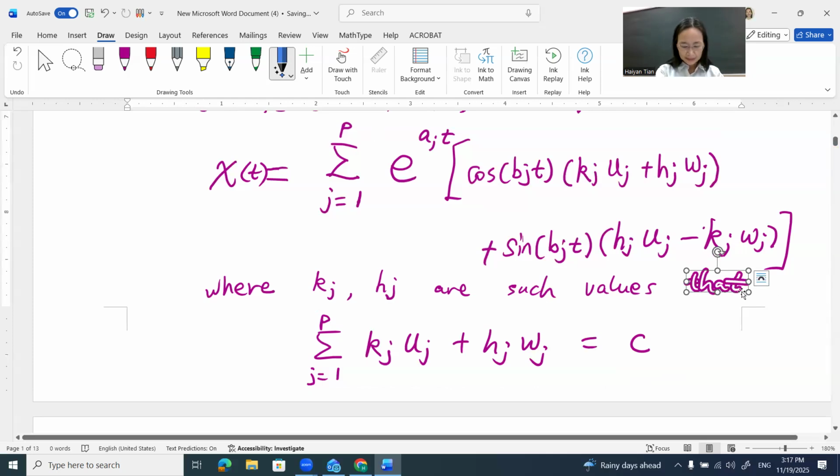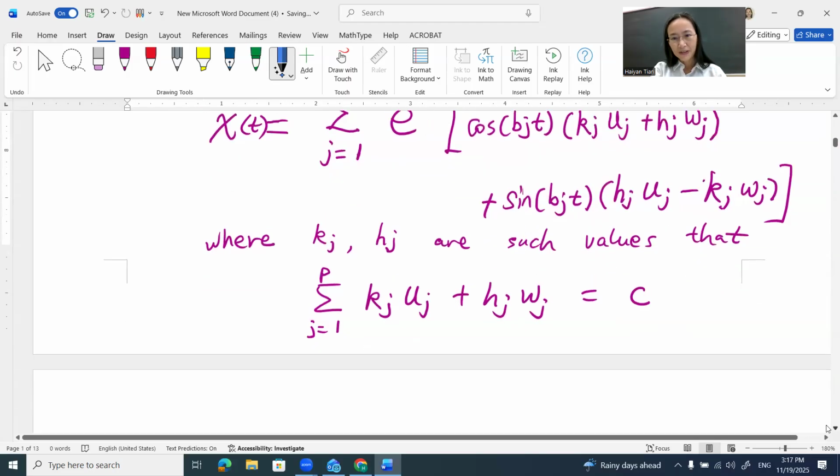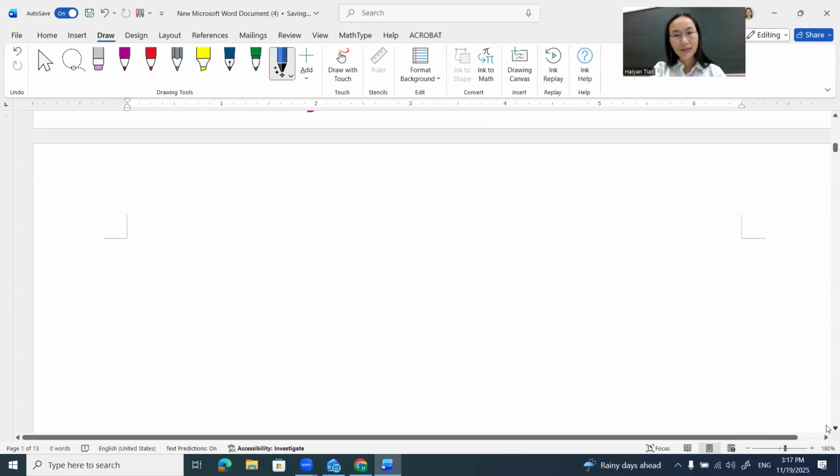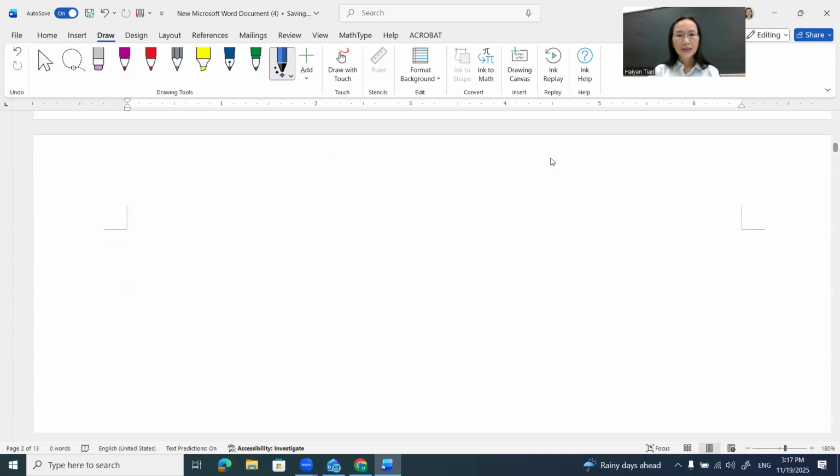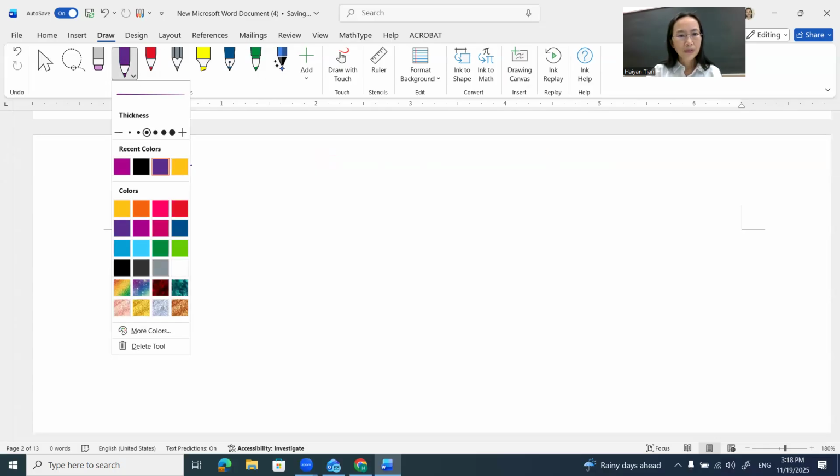Okay, in order to understand the theorem, let's work on a very specific problem. Let's look at a case such that the matrix A has complex eigenvalues. So let's think of an example.